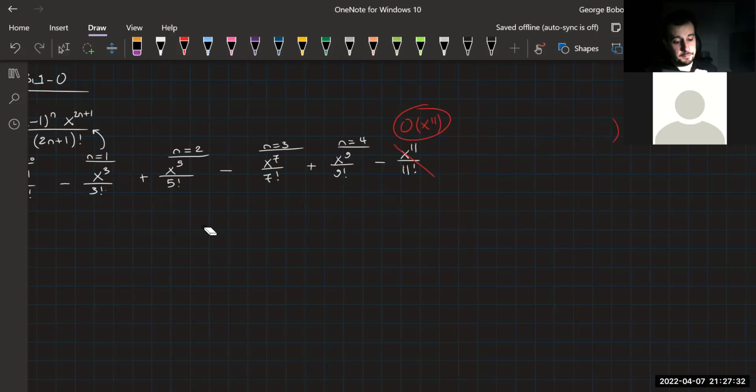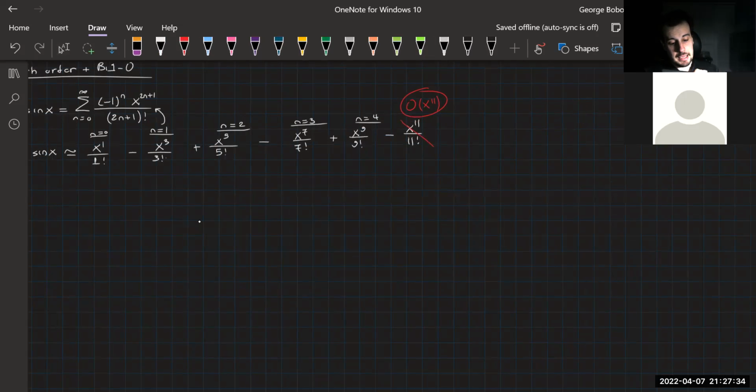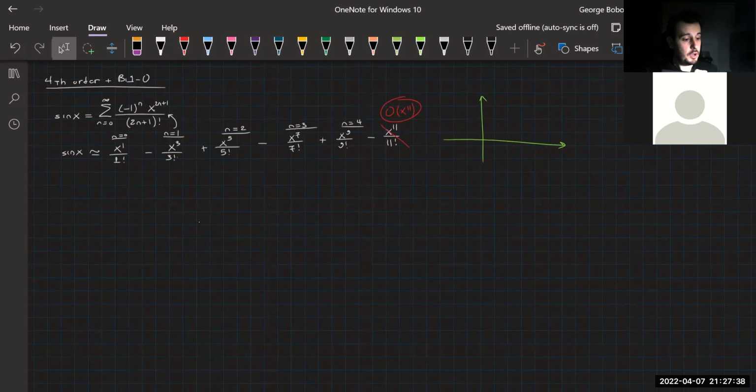Let me explain again. If we have a plot of this bit, call it t4 of x, it might look something like this.